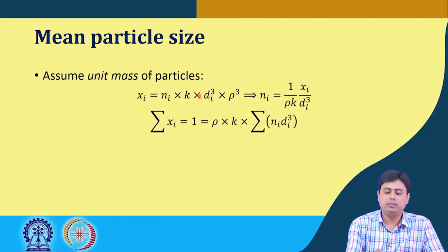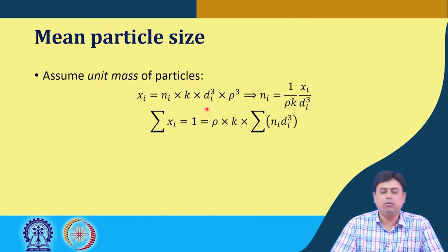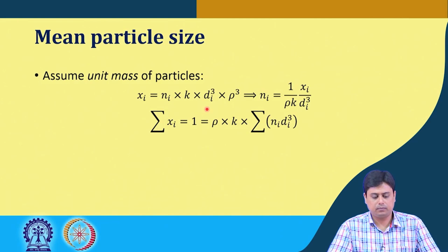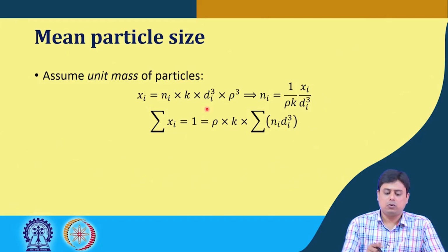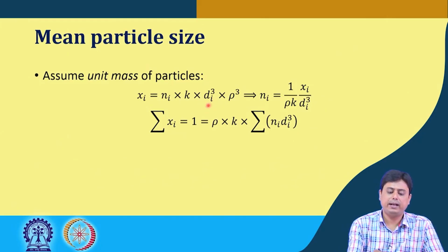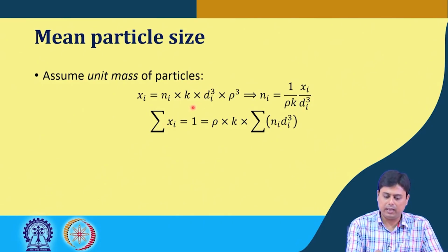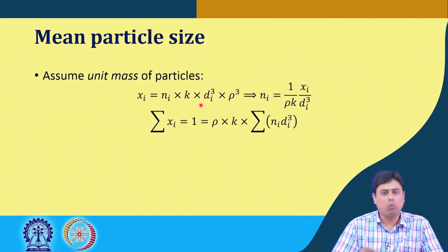This whole term k d cube represents the volume of that particle. Volume is the linear dimension to the power 3, represented here by a dimension called di, and k is a constant that depends on the shape. For a spherical particle this k value is pi by 6. For a cube this k value is 1. So, it is written for a generic purpose.